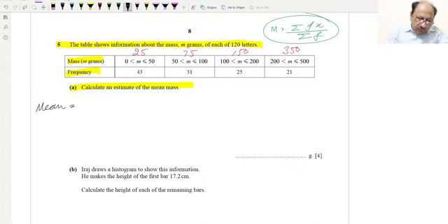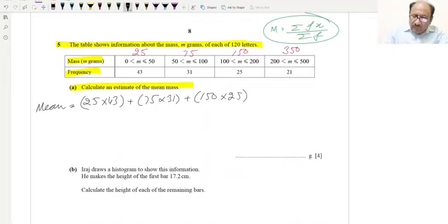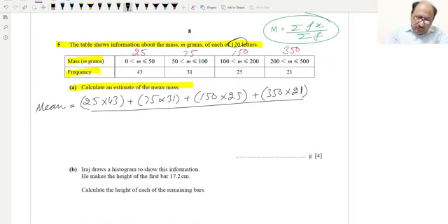Hopefully you understood this. So we'll multiply 25 by 43, plus 75 into 31, plus 150 into 25, plus 350 multiplied by 21, and divided by the total, which is 120.